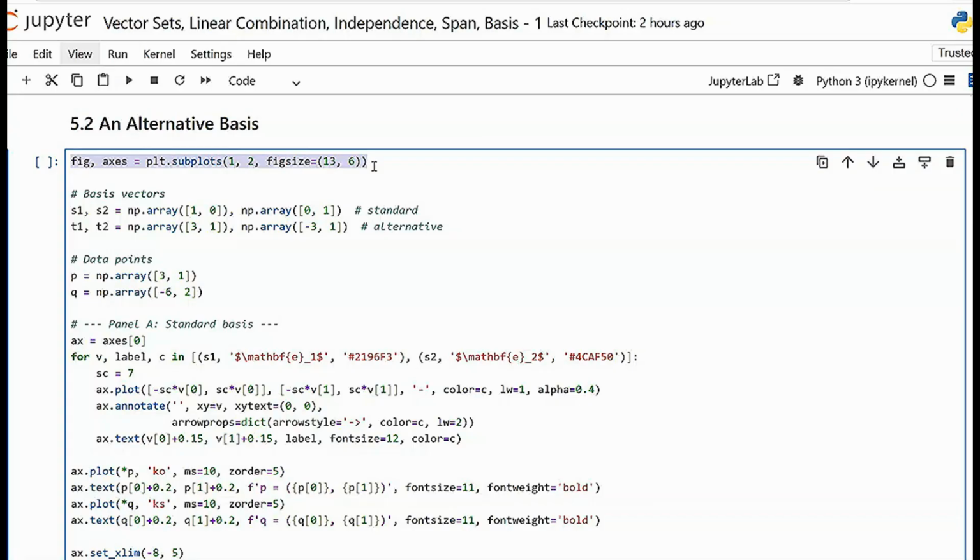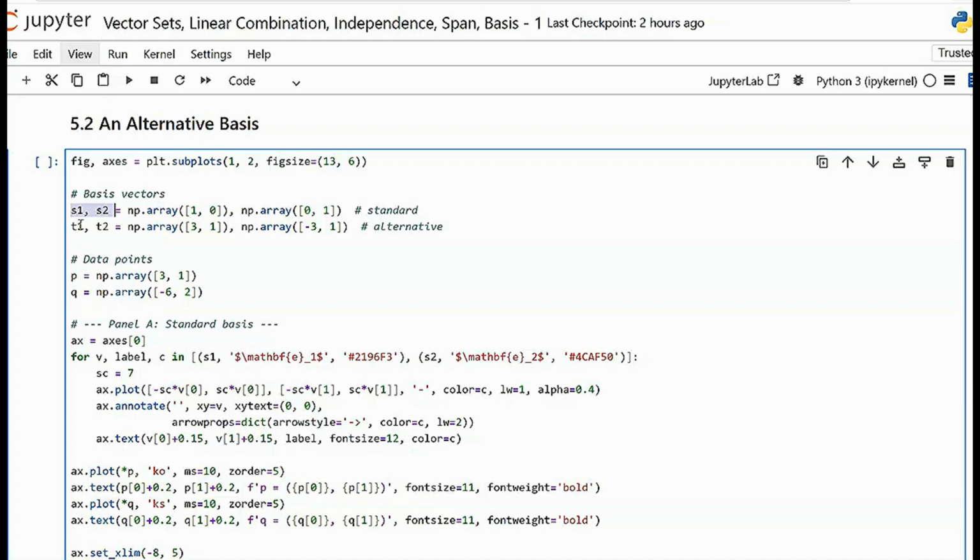Kindly observe. Here we are going to create a figure with two panels. On the left side, let me have the standard basis, and on the right side, the alternative basis. Now let me introduce the definition of two different bases, S1, S2 and T1, T2.